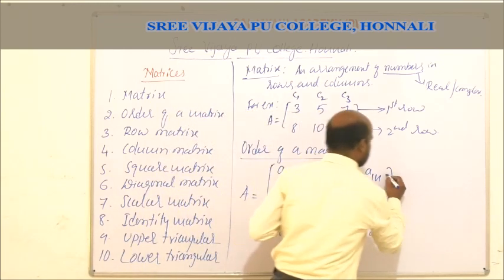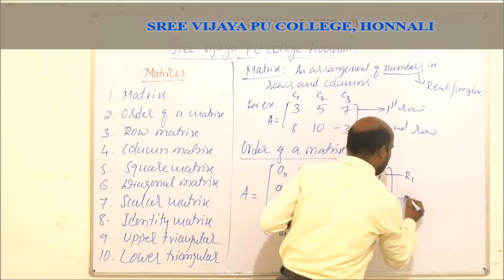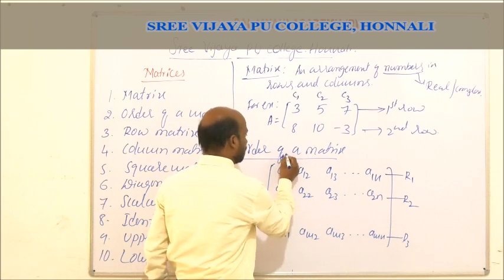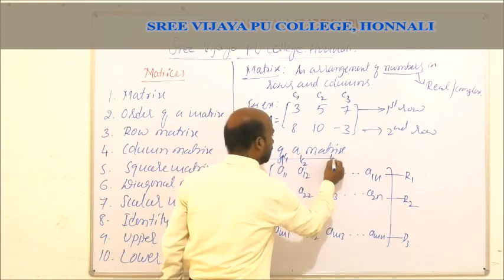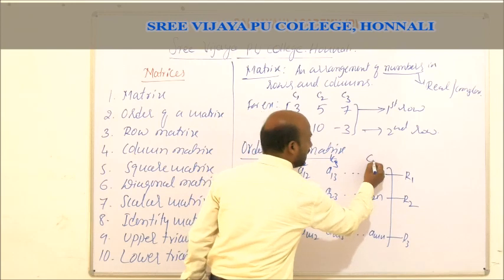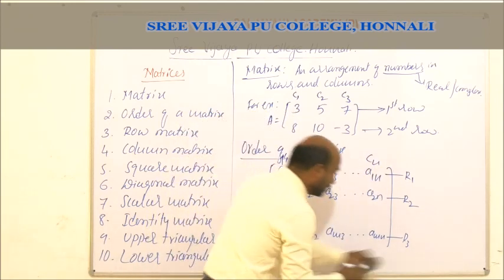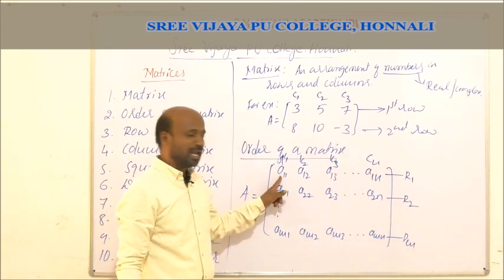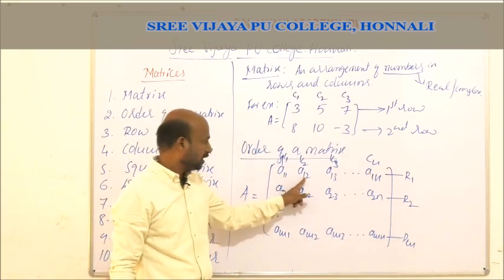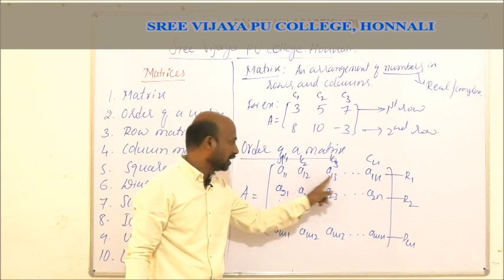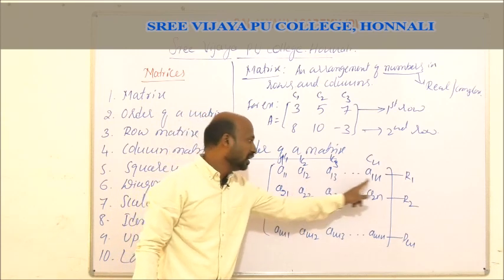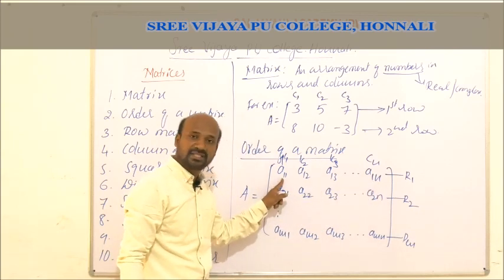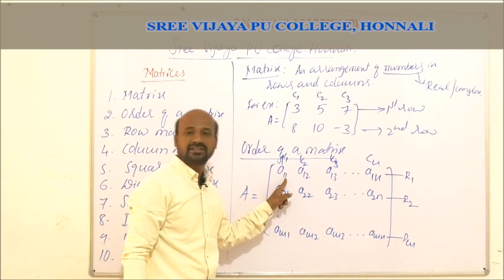This represents row 1, row 2, row 3, and these are column 1, column 2, column 3, up to the nth column, and the last row is the mth row. The first suffix indicates the row and the second suffix indicates the column.